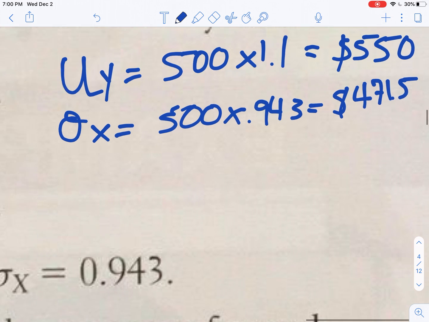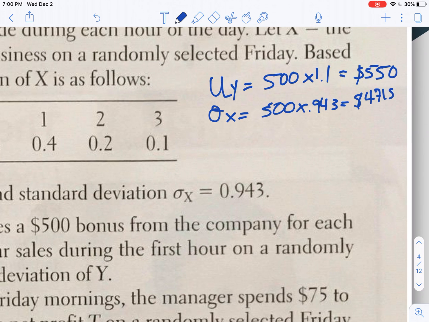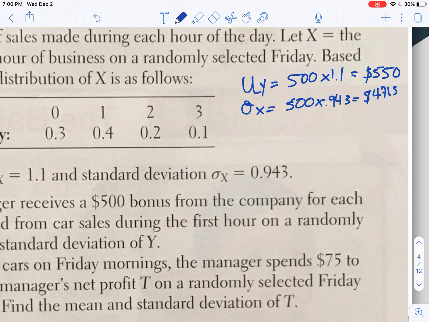So the typical amount of money he'll make in that time typically varies by $471.5, which kind of makes sense. If he's selling a car, he's making $500. If he's not selling a car, he's making pretty close to $0. Again, this is not perfect because we're talking about averages, but this is kind of everything that varies out for him.